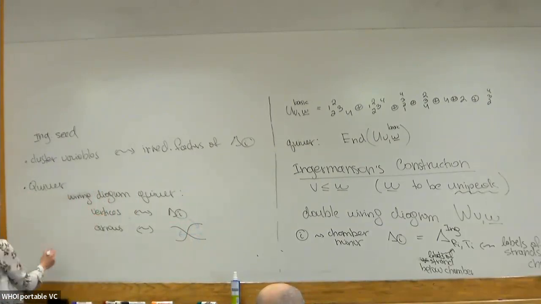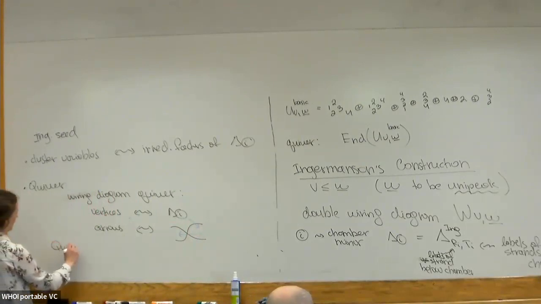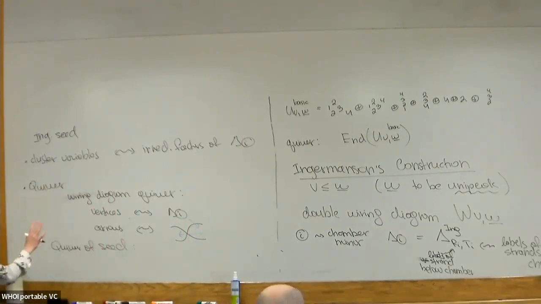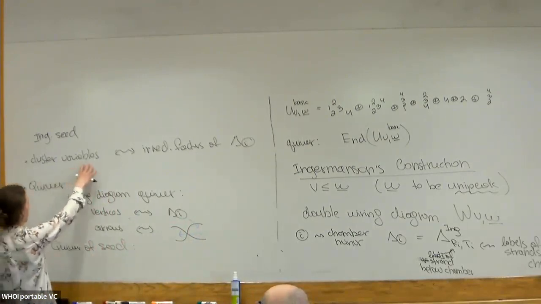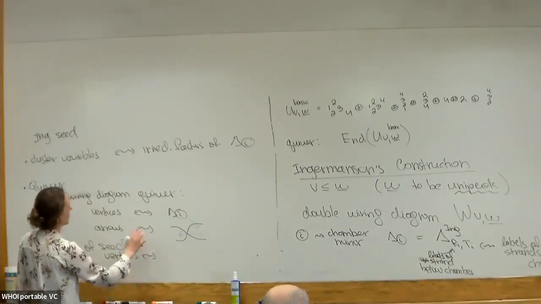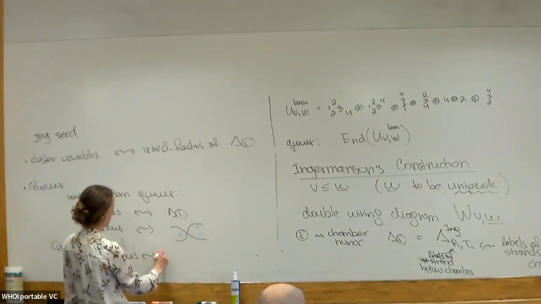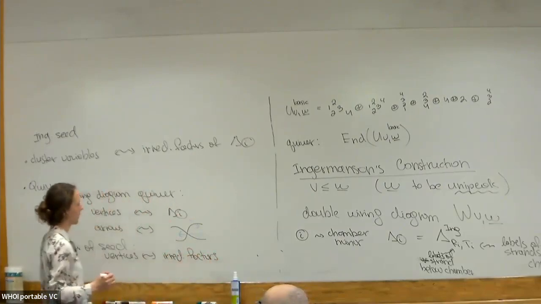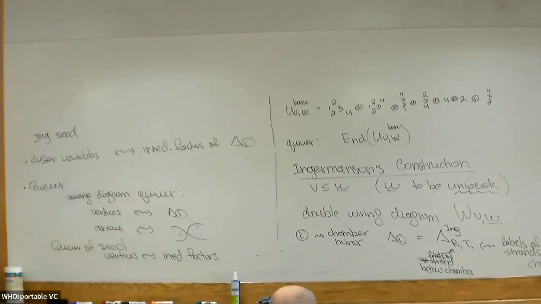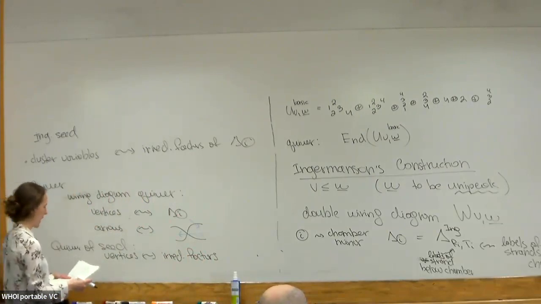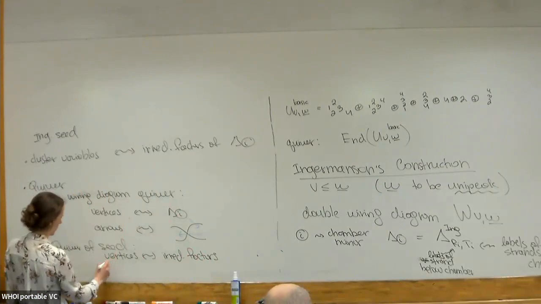And now the quiver of the seed is slightly involved. Again the vertices, as before, are the irreducible factors. For every chamber minor, you factor it and you take all the irreducible factors; that's your vertices. And now arrows in the wiring diagram induce arrows in the cluster quiver.